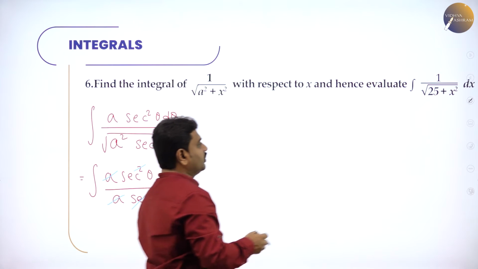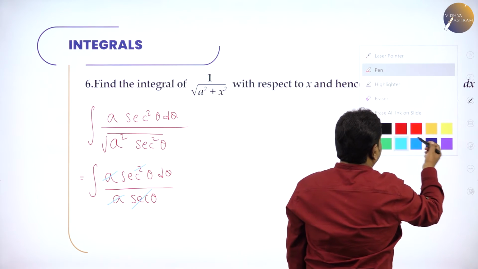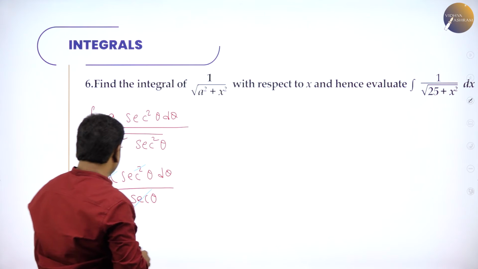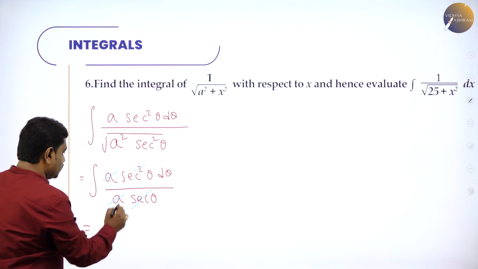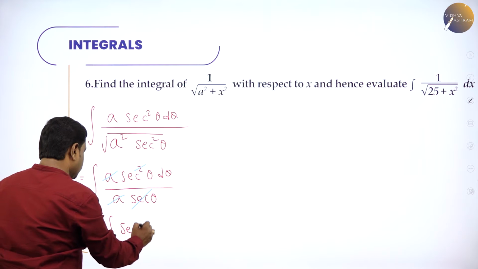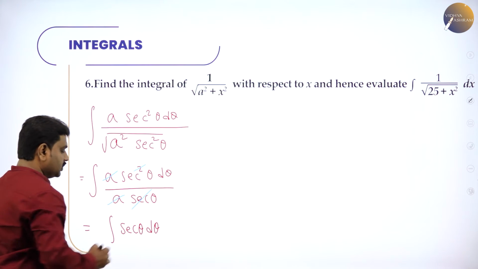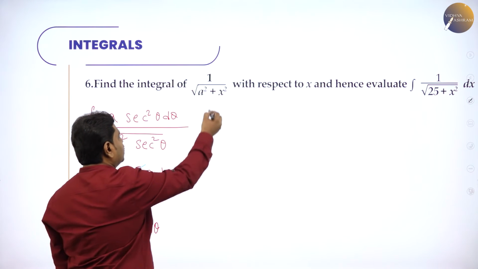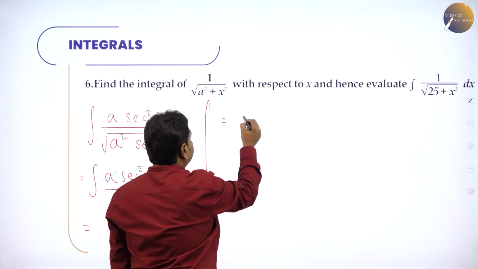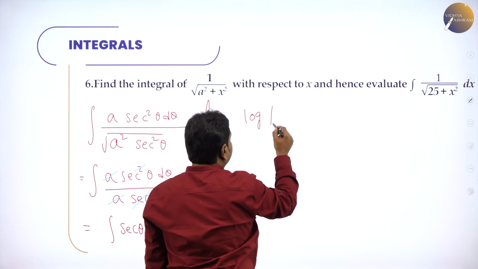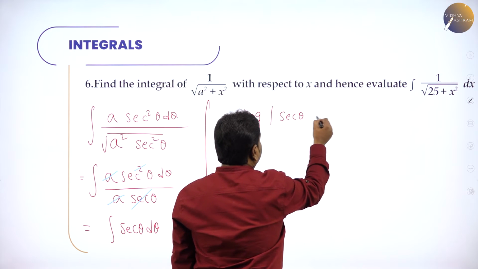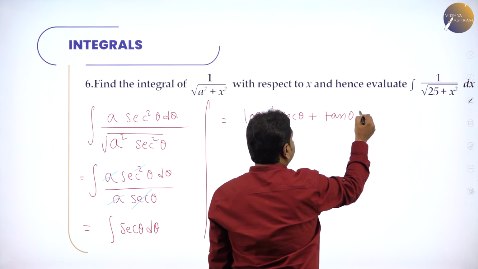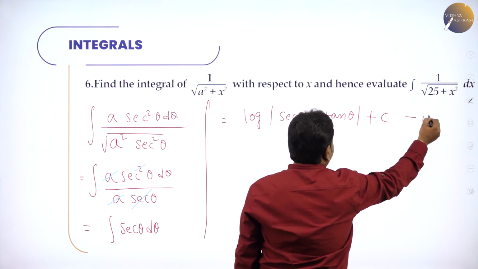So whatever is left out we'll integrate the remaining part. What is left out now? Integration of secant theta d theta is left out. All of you know what is integration of secant theta. In the last integral we have done that integration of secant theta is log of mod of secant theta plus tan theta plus c. So this is the answer.